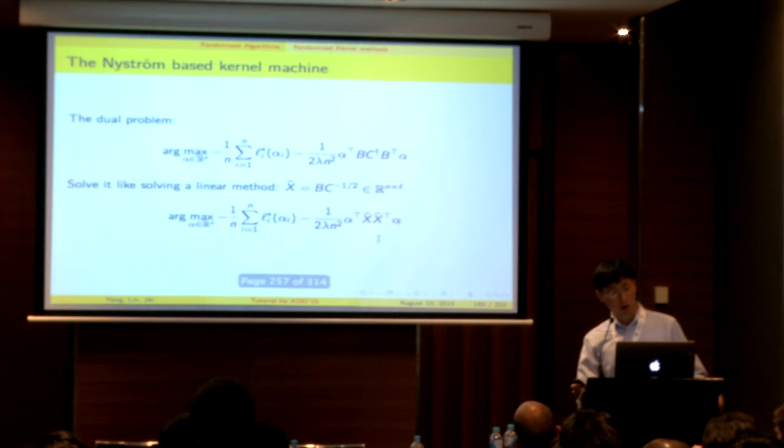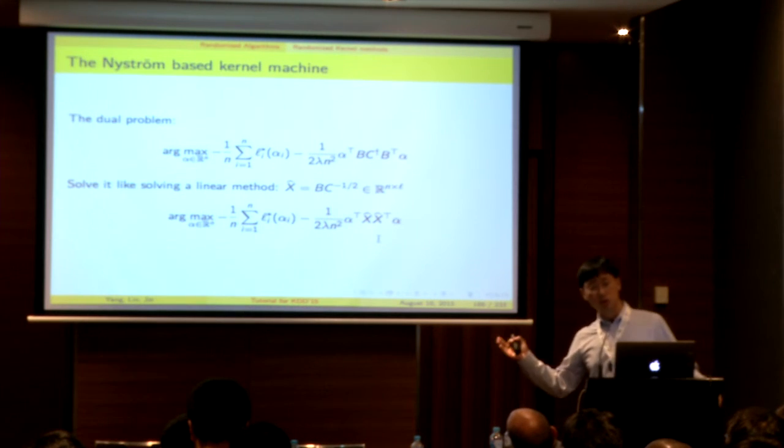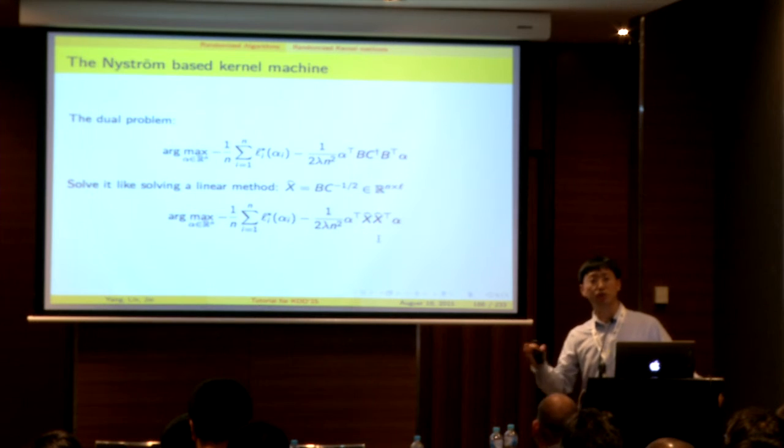Okay, so here I want to talk about the application of the Nystrom approximation to support vector machines. In the dual formulation, as I mentioned earlier, you can replace the gram matrix with a kernel matrix to implement a kernel machine, right? But you don't want to compute the kernel matrix.